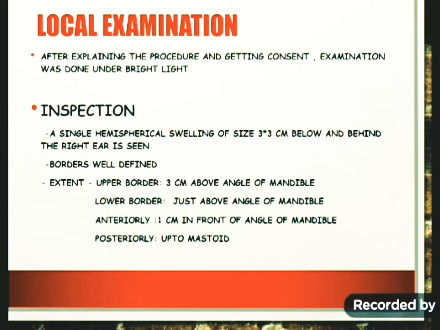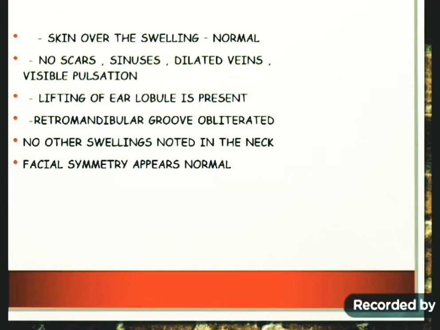Here we can see a single hemispherical swelling of size 3 into 3 centimeter below and behind the right ear. The border is well defined. Extent, upper border, lower border, anterior, posterior, you can tell an approximate idea. You don't have to touch the patient. Next, skin over the swelling seems to be normal.